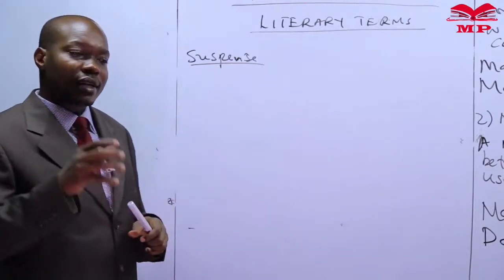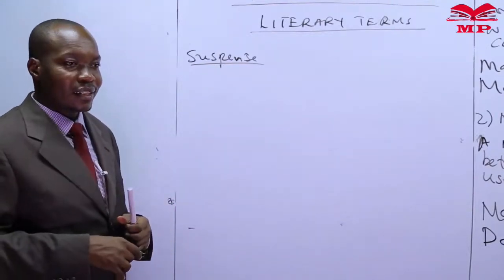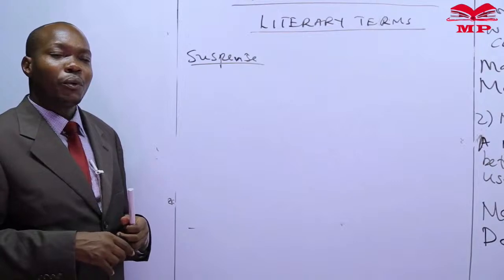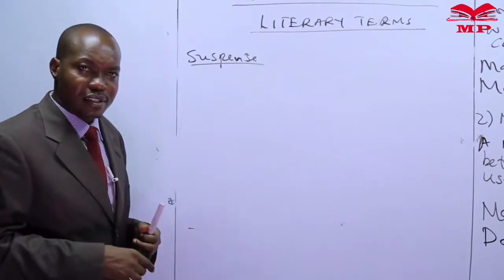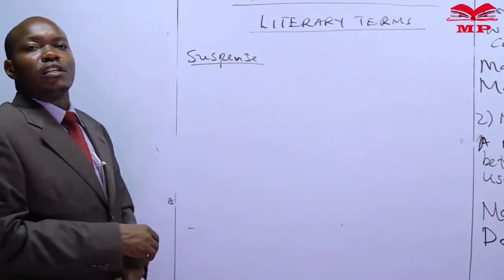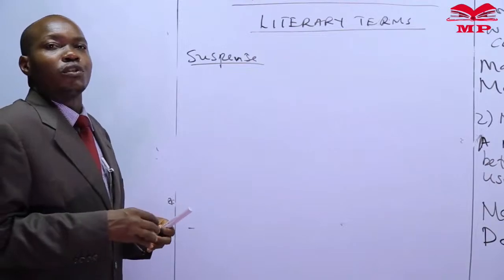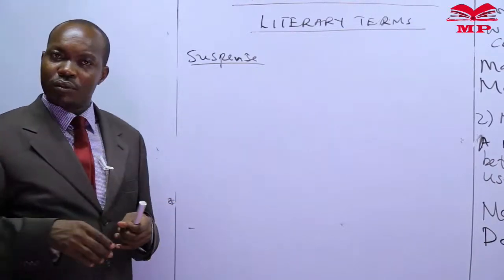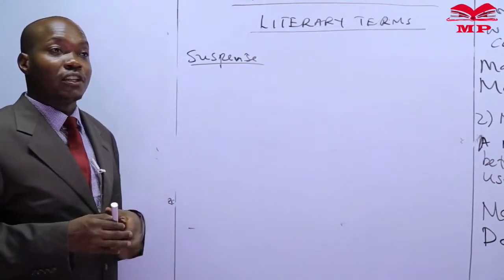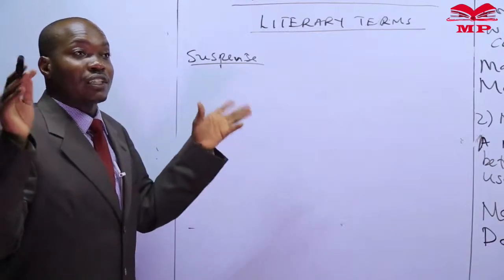The writer writes something that's interesting, and then at that point, when you want to know more about that incident, he withholds, he stops at that point. Now that is suspense. So you are left guessing what happened with this person.